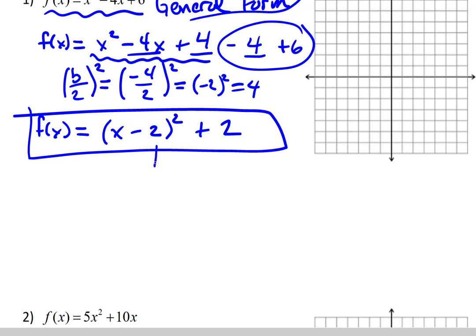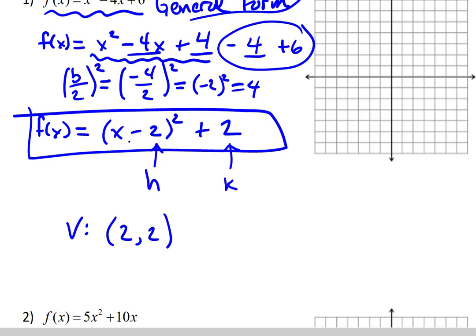Now, if you look back up at the standard form, you'll notice that when you see x minus 2 in parentheses, as we have all squared, that 2 represents the h value. And then when we see the plus 2 at the very end, that represents the k value, which tells us some important things. First of all, our vertex is the point h comma k, which would be 2 comma 2.